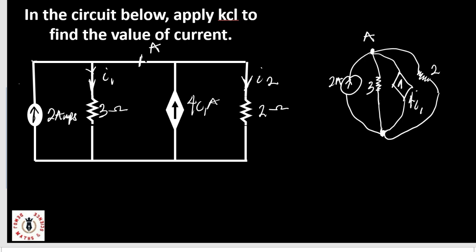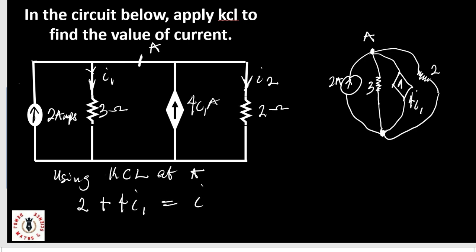One other thing I want you to notice is, if this is the node, we can apply Kirchhoff's current law. Using KCL, we'll be saying that at this node A, my 2 amps, which is moving into the node, plus the 4I1 moving into the node, is the same thing as I1 that is leaving the node plus I2 that is leaving the node.